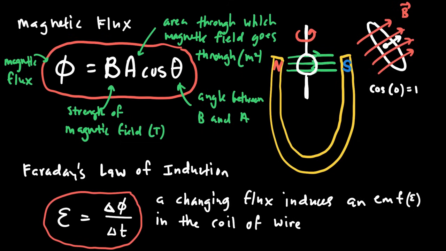And this led us to Faraday's law, because if I hook up a couple of wires or a meter to that coil, then I would measure an EMF, or maybe a current flowing in that loop of wire. And so what happens is, as the flux changes due to the rotating coil, then that change in flux produces an EMF in the wire. And so clearly there's a relationship here between electricity and magnetism.